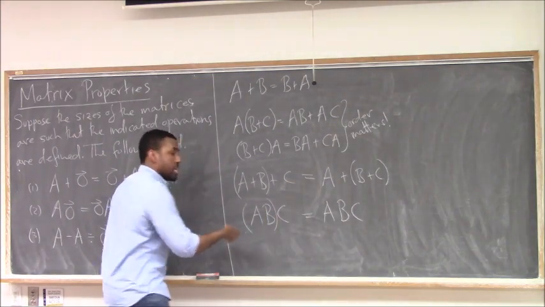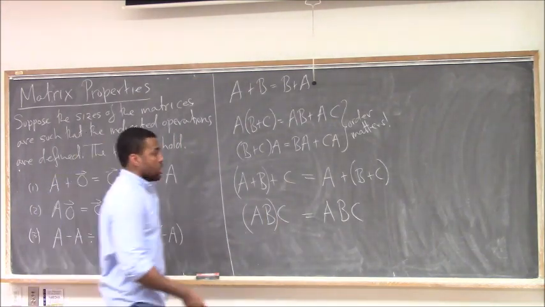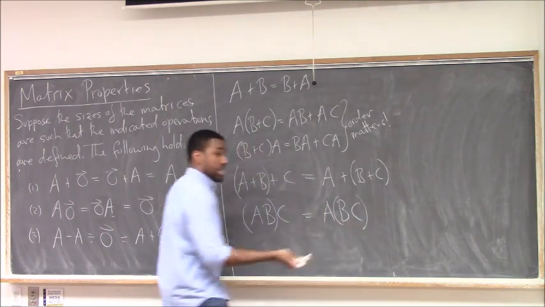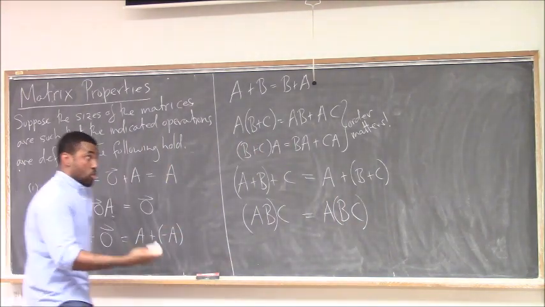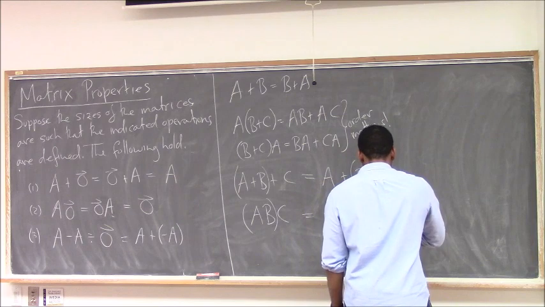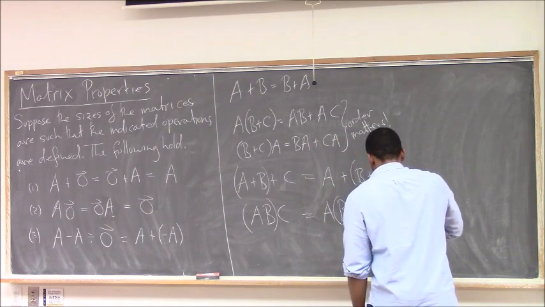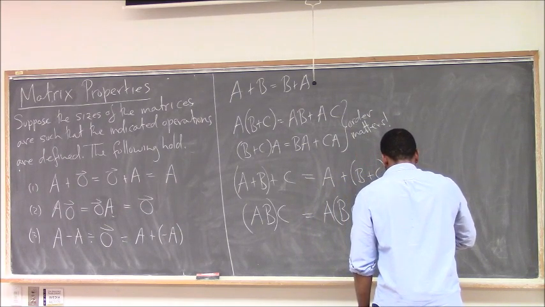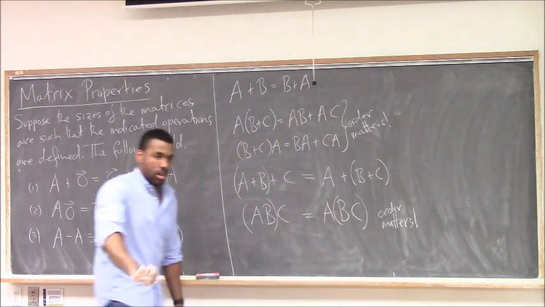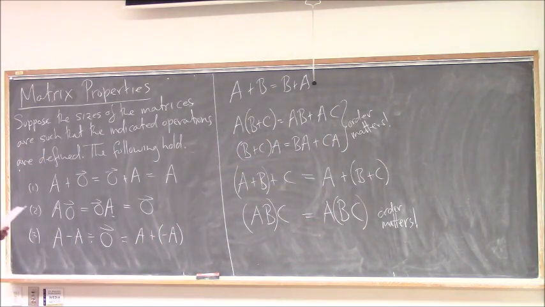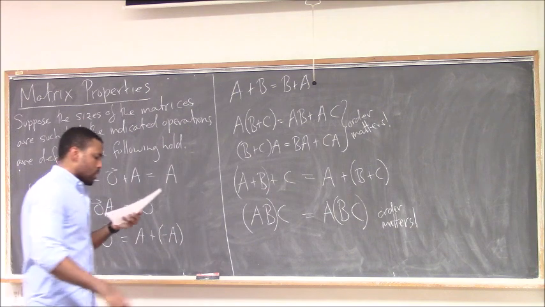You can multiply A and B, get the answer, and then multiply by C. Or you can multiply B and C, get the answer, and then multiply by A. Order matters, though. Whenever multiplication is involved, order matters. With addition, not so much.